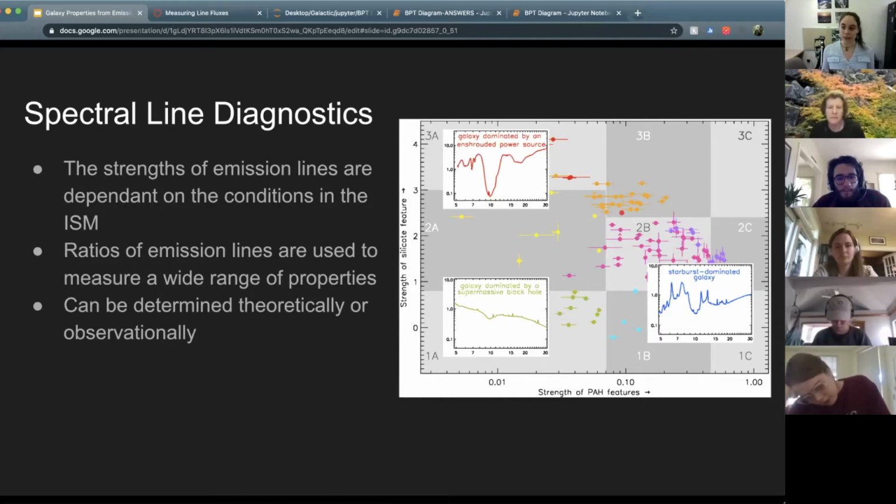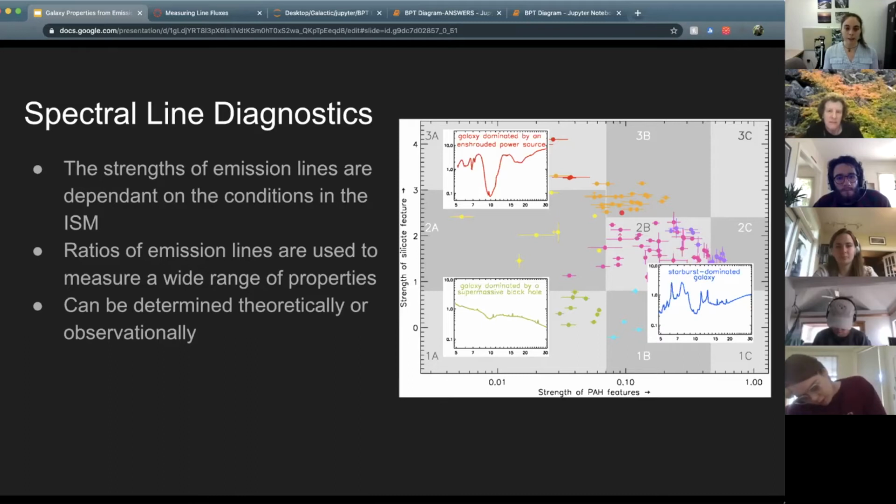We talked earlier about star formation rate measurements. One way you might do this is by measuring the H alpha line, using its strength to get an idea of how many O and B stars, how many young stars, there are, to find the star formation rate of a galaxy. So that is another spectral line diagnostic.